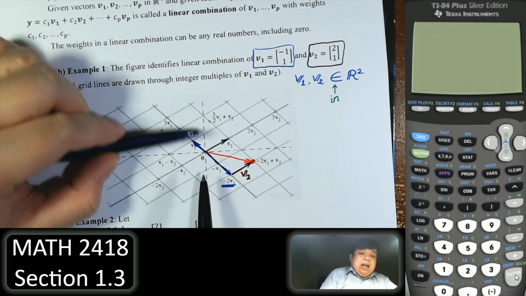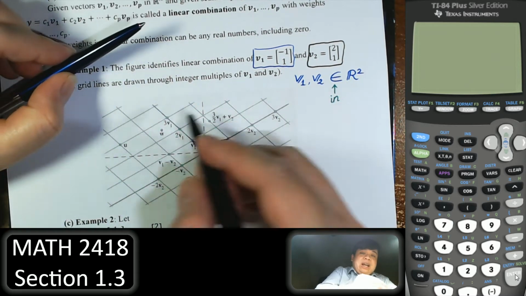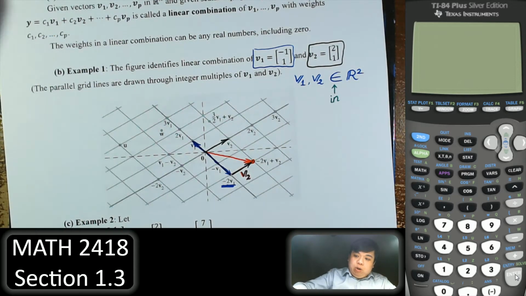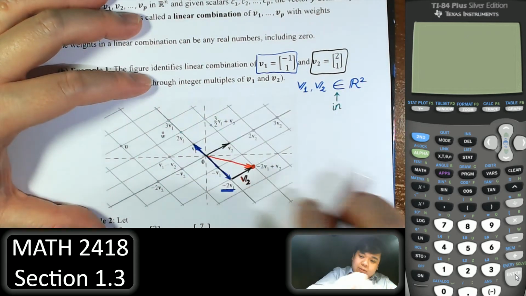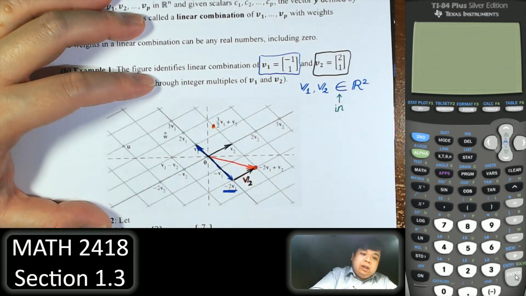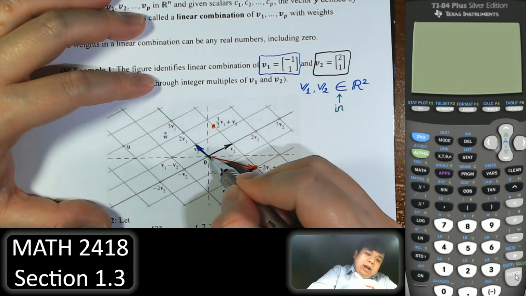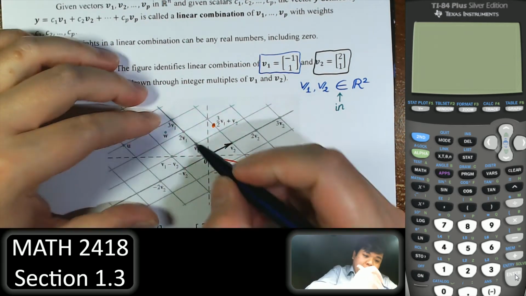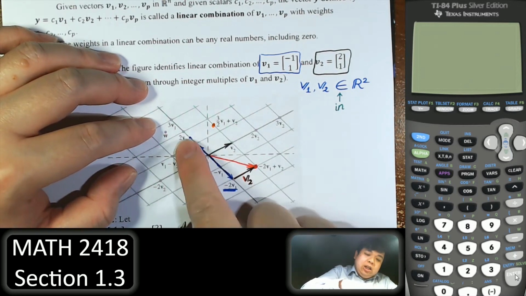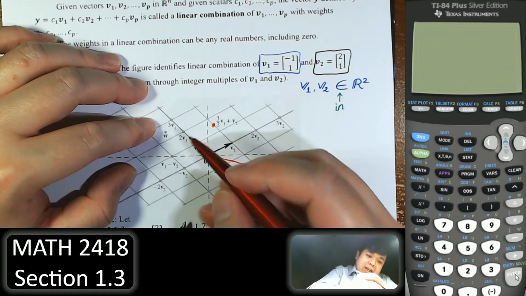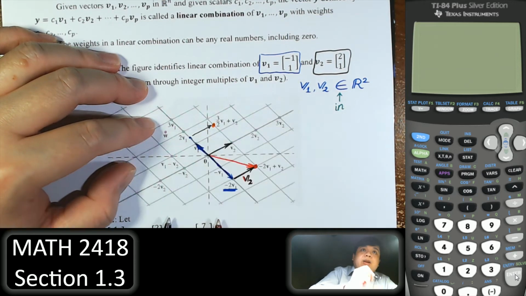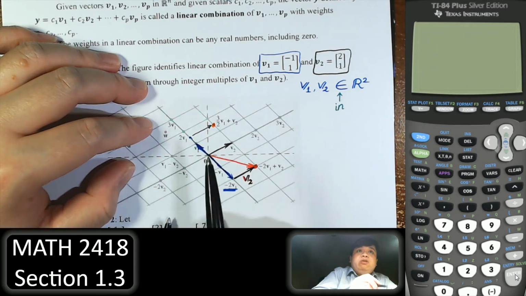As you see, given two directions like this, we can go to any point in the grid. For example, if we want to go to this point, first we go in this direction, and then we go in this direction, and that is 3/2 of v1 plus v2.